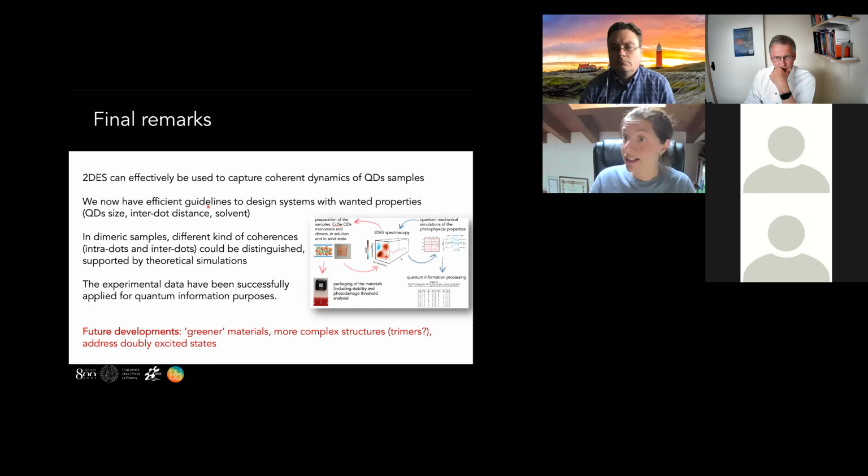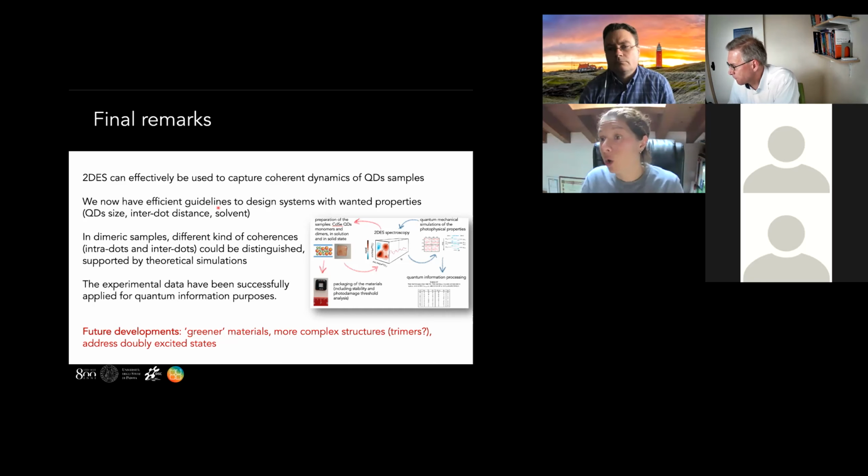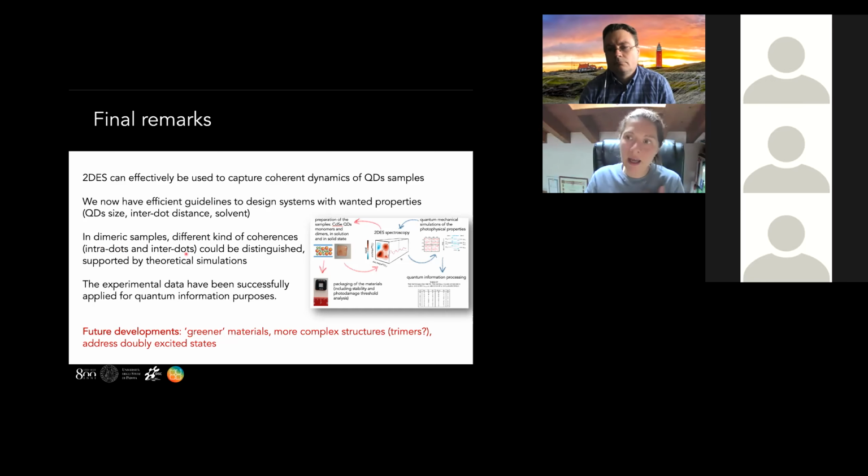We have guidelines now to engineer materials with somewhat wanted coherent behavior. In dimeric samples, we could obtain a much more interesting situation with a much more complex electronic structure and a much more interesting coherent behavior. And we have a first proof of concept in which we successfully applied this 2D ES response as hardware for quantum information purposes.